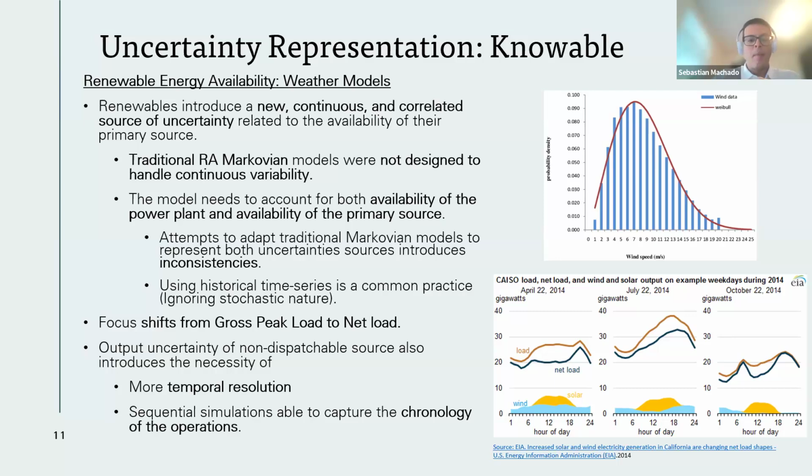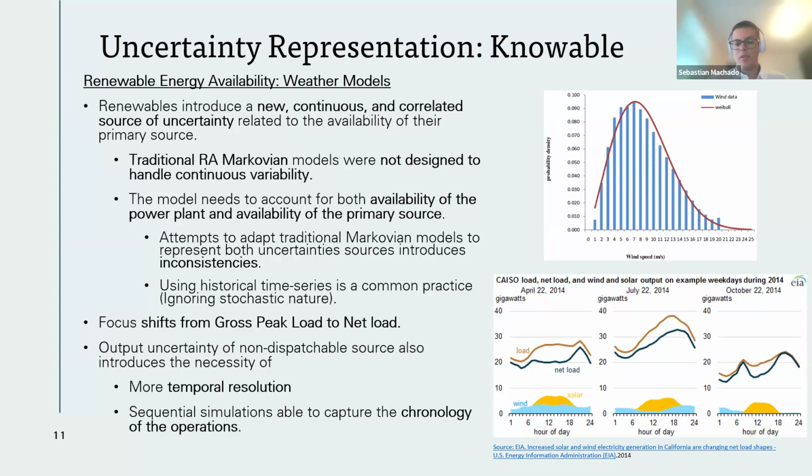So in practice, there are two different approaches. The first one tries to represent with the Markovian model both sources of uncertainty: the availability of the asset itself and also the availability of the primary source.